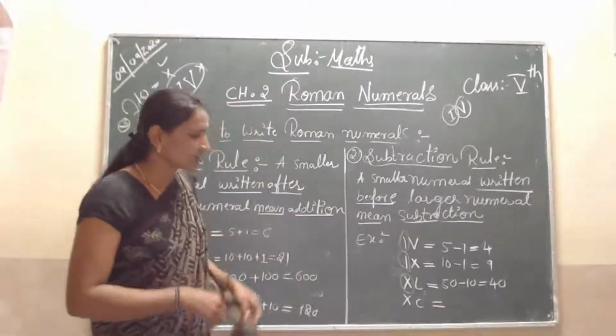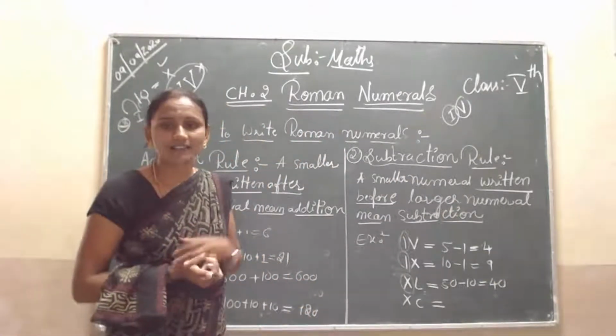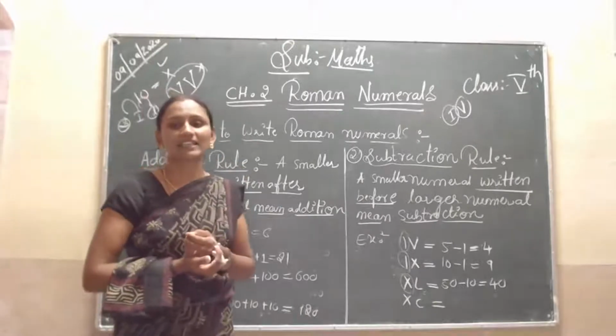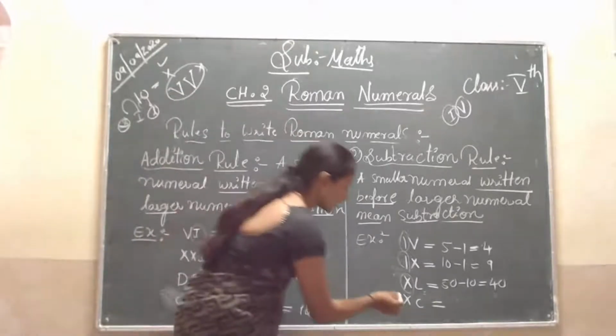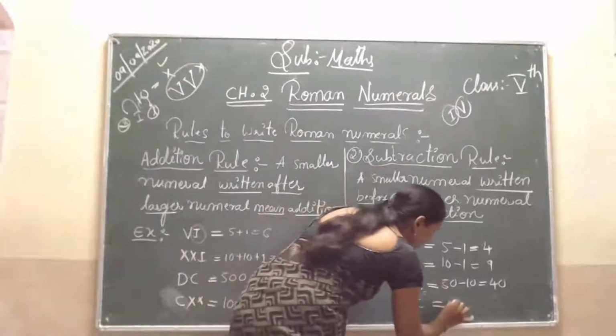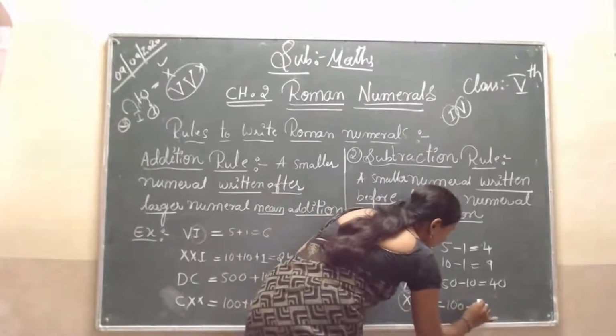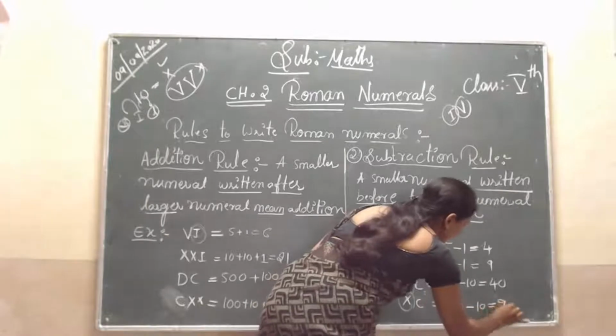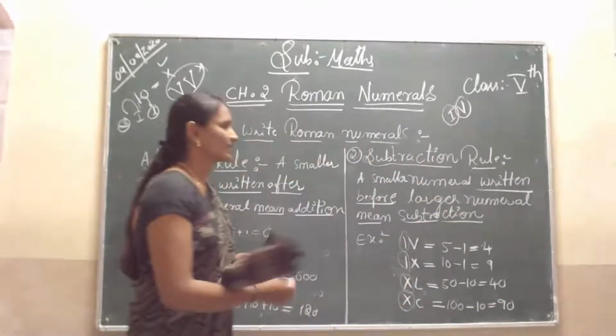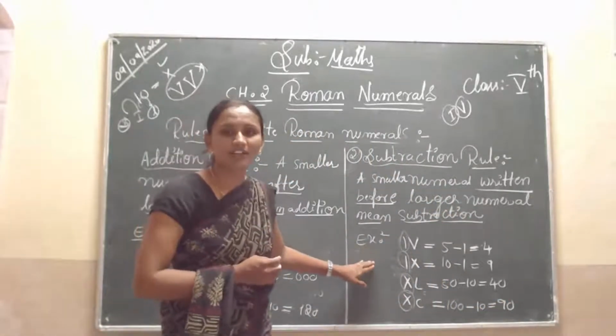Yes. Next, XC. Apply the same here. The smaller number X is 10, and 100 is C. So you write 100 minus 10, that is 90. This is an example of the subtraction rule.